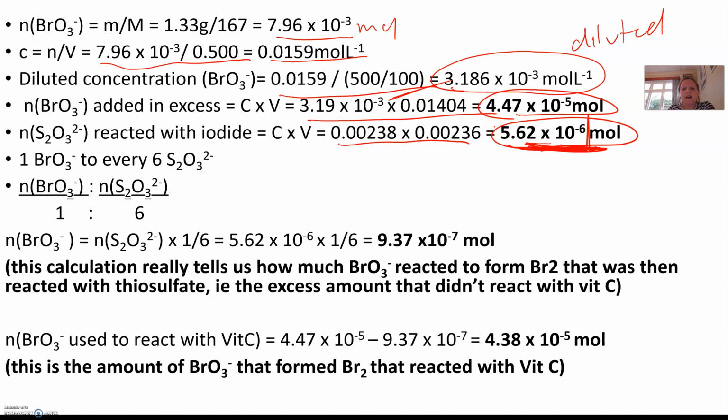So we take our number of moles of thiosulfate from that final step, times it by 1/6, and this is the number of moles of bromate that reacted to form Br2, which then reacted with Vit C.